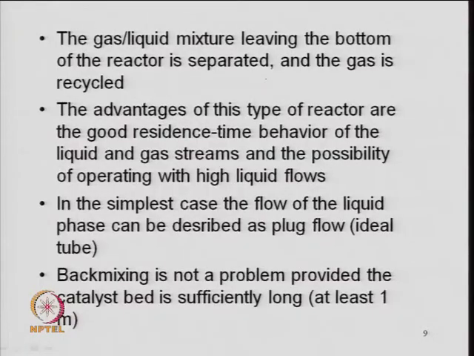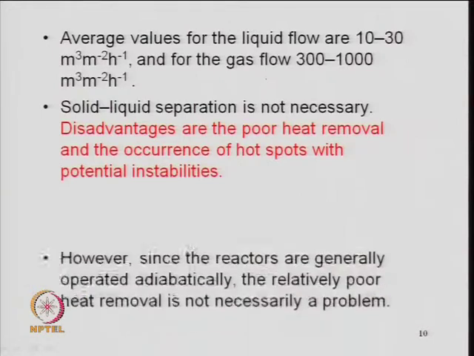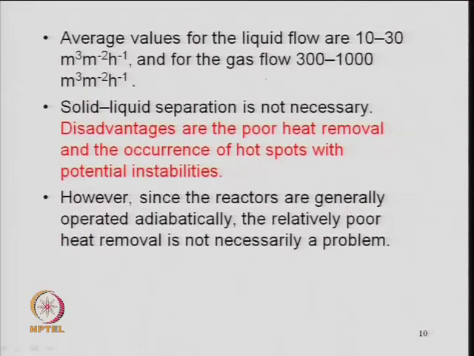Back mixing is not an issue, because it works like a fixed bed reactor. So, that height is very large. I told you that to avoid back mixing, generally the L by D ratio should be kept large. So, high length of the reactor is desired. Superficial velocity is again important in the case of a trickle bed reactor, because it depends upon the liquid to gas ratio, or L by G ratio as we call it here.